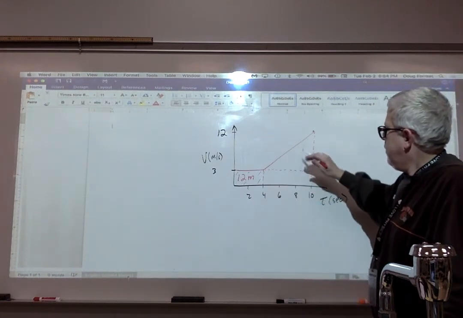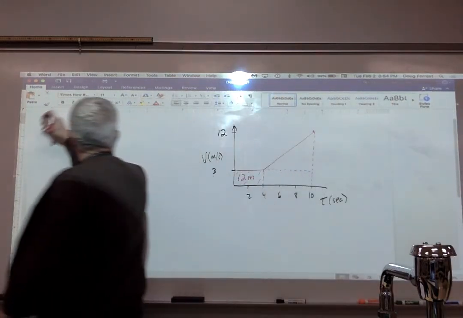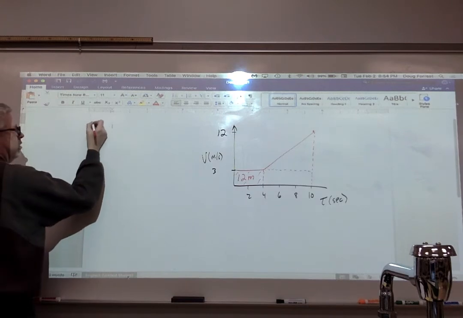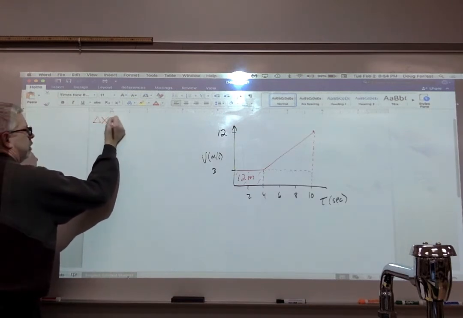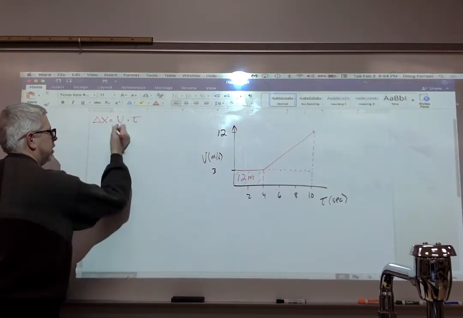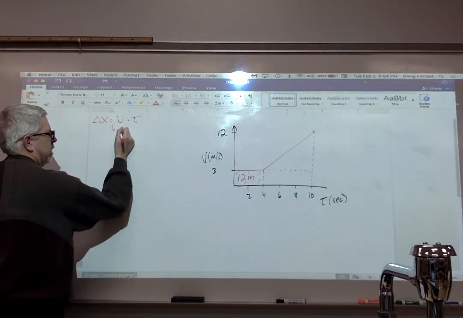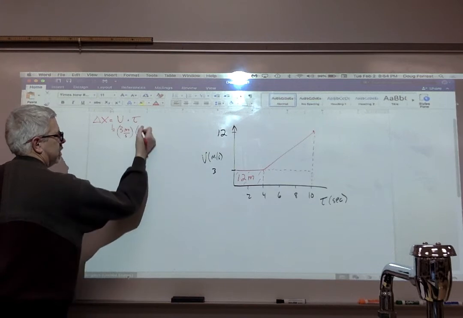And it also relates back to the formulas. So if I think back to the formula for calculating things with a constant velocity, it's velocity times time. So that's what I did here. So I had 3 meters per second and a 4-second interval.